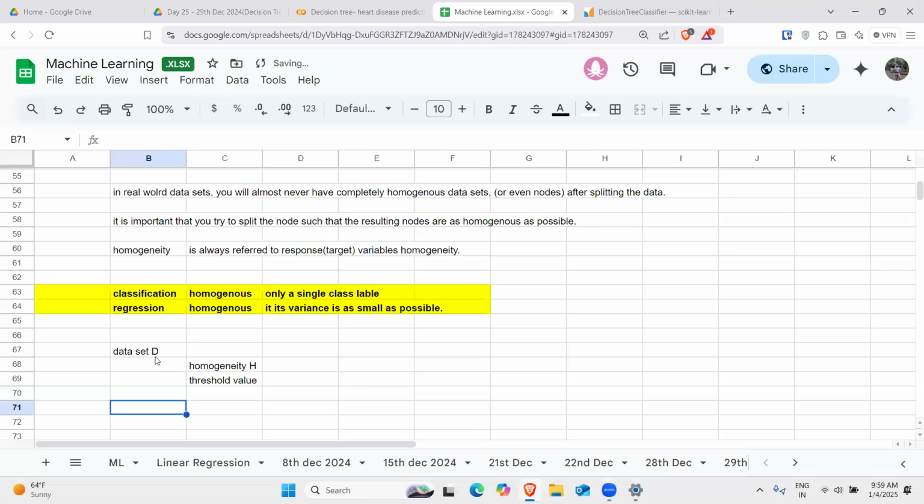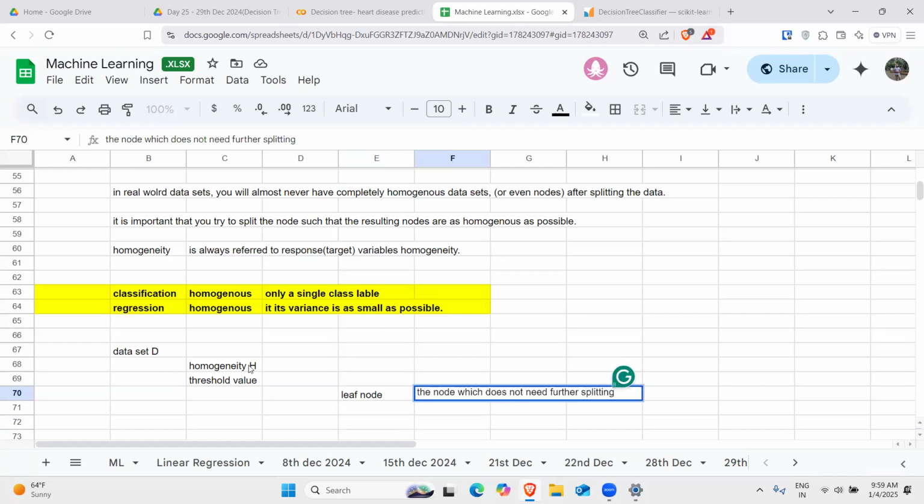If the homogeneity exceeds the threshold value, you need to stop splitting the node and assign the predictions to it. As this node does not need further splitting, it becomes a leaf node, as you already have understood. We already have discussed what a leaf node is: a node which does not need further splitting.